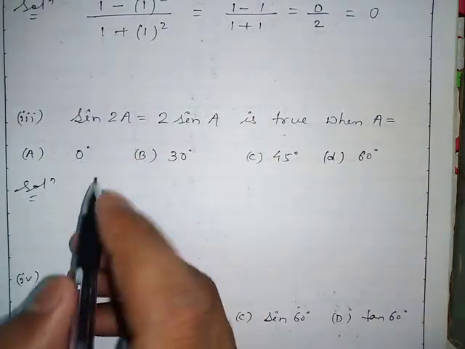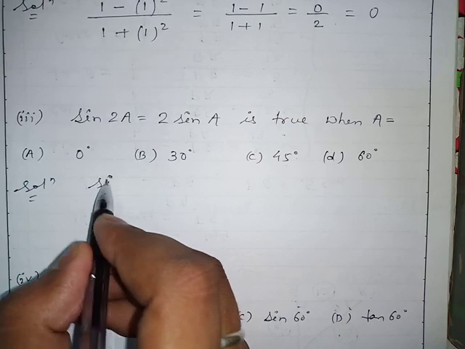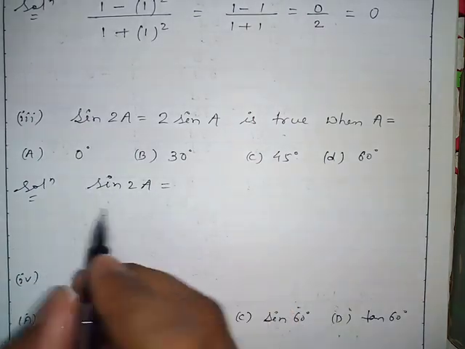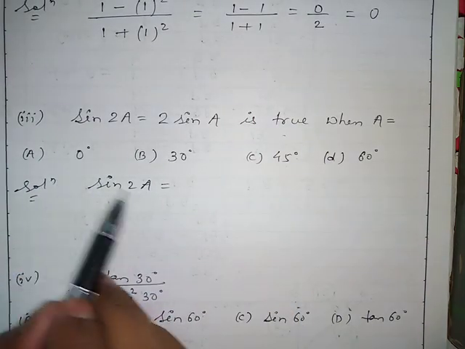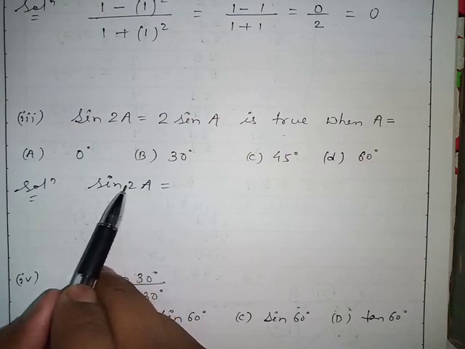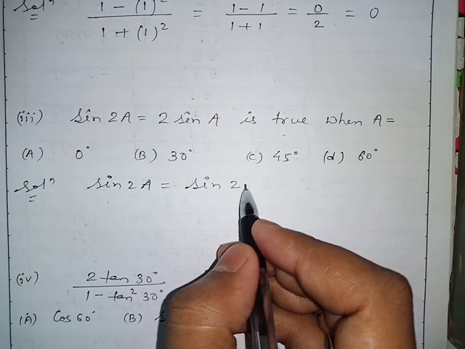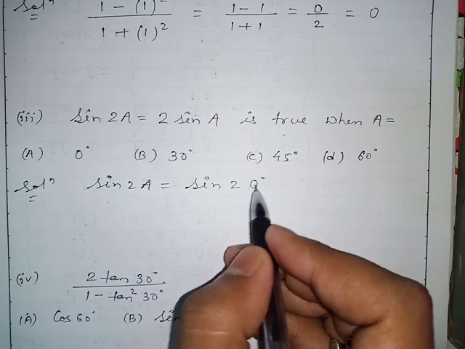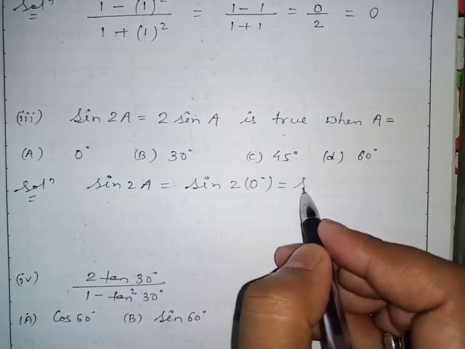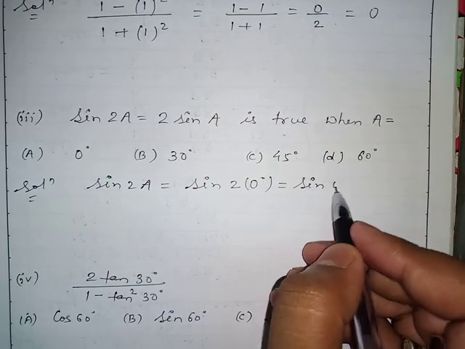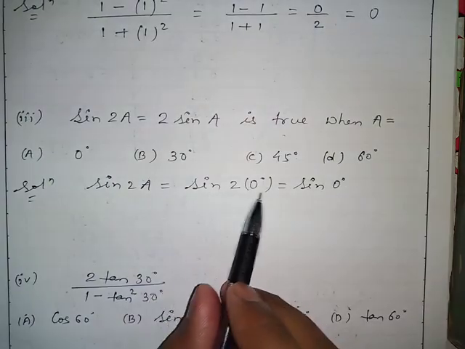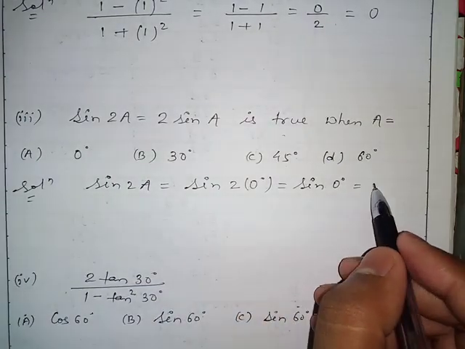Now see, in the LHS part, this is sine of 2a. So in place of a you will put 0. So this is sine of 2 into 0 degree. So this is sine of 0 degree. So sine 0 is 0.